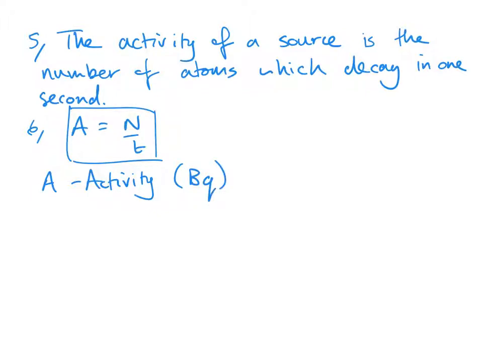Okay, so it's a French name, becquerels, but Bq, where 1 becquerel means 1 atom decays every second. Now that's actually a very low activity, and often we'll come across kilobecquerels or megabecquerels. Remember those prefixes that we introduced? So kilo is 10 to the 3, mega 10 to the 6.